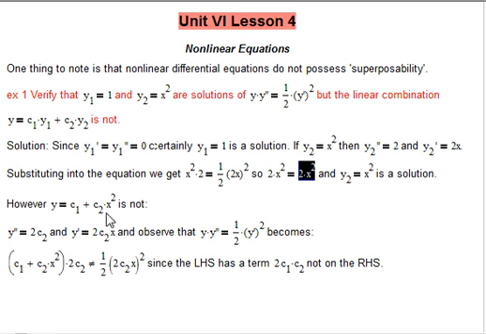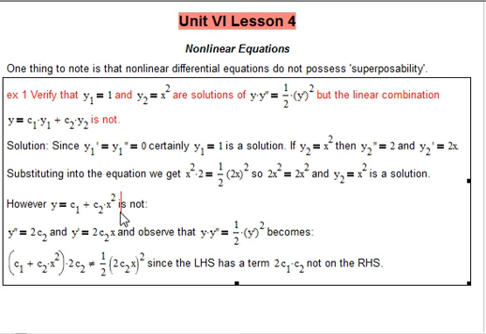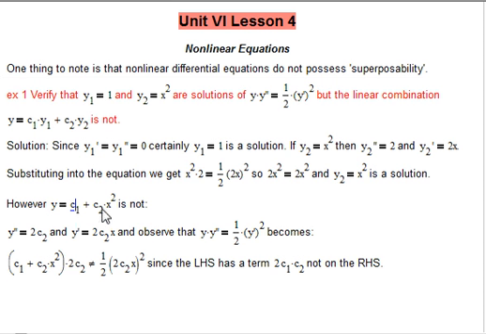Now, y equals c1 times 1 plus c2 times x squared, in other words c1 y1 plus c2 y2, is not a solution because the second derivative of this is just 2c2, and the first derivative of this, of course the derivative of c1 is 0, so it's just going to be 2c2x.